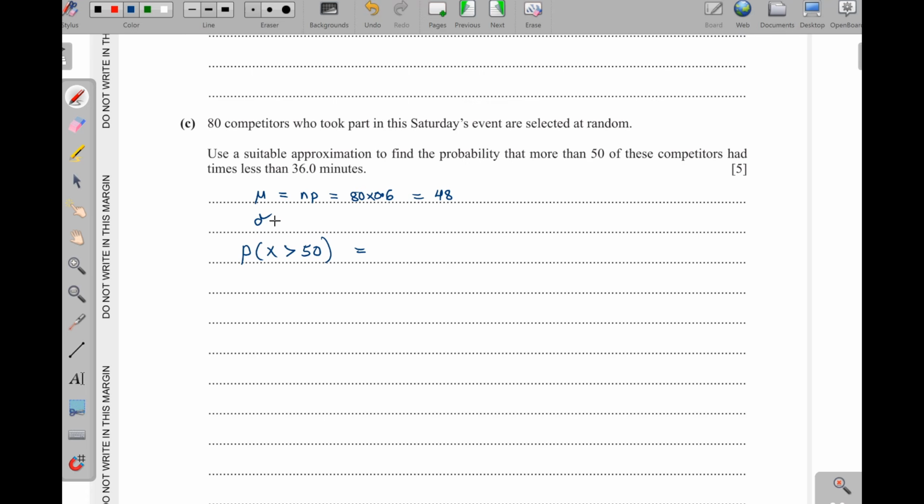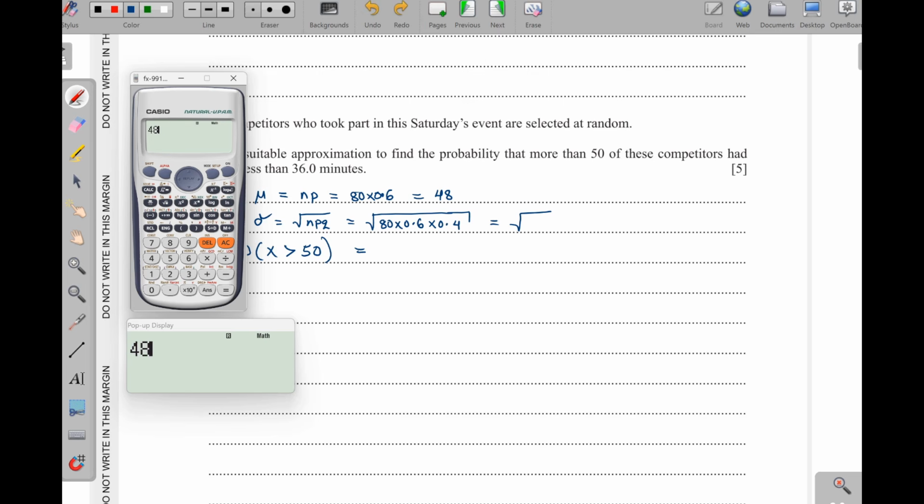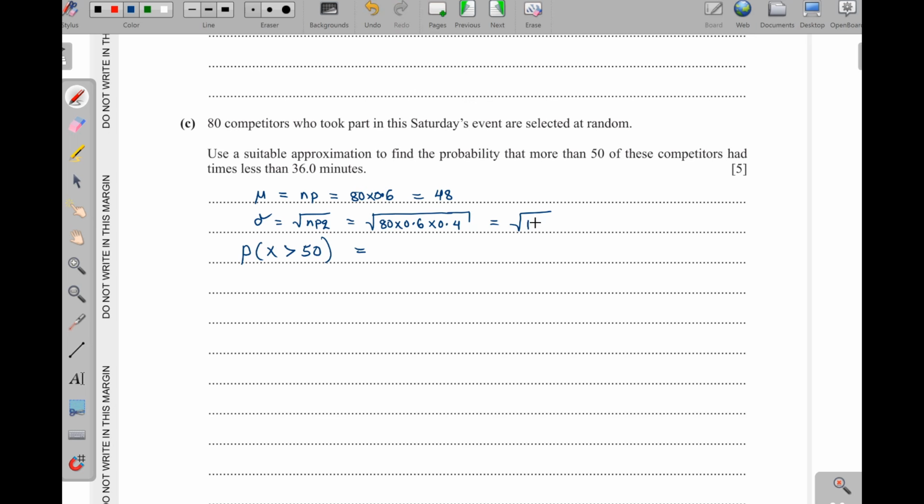And then the standard deviation, which is the root of variance, and variance is given as npq. Then you will have the square root of 80, then times 0.6 times 0.4. So I'm just going to multiply these ones such that I get the exact value. So 48 times 0.4, that is 19.2. So it is root of 19.2.